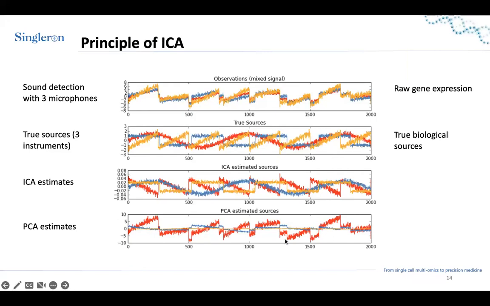So if we do the analogy at single cell level, you can think of these three sources as the raw gene expressions. The true sources would be the true biological sources. So ICA basically tries to capture the biological reason of the change in the raw gene expression. This is what it tries to do.